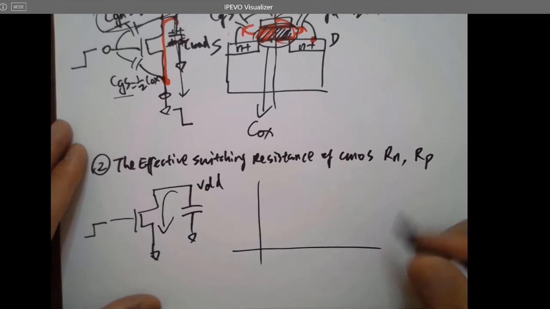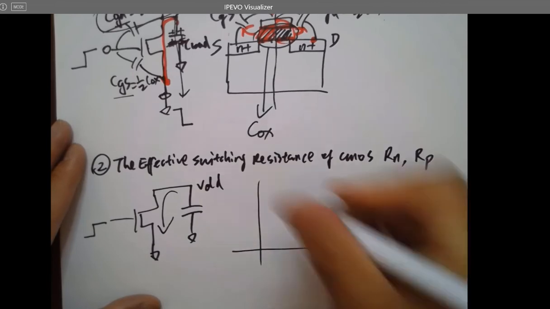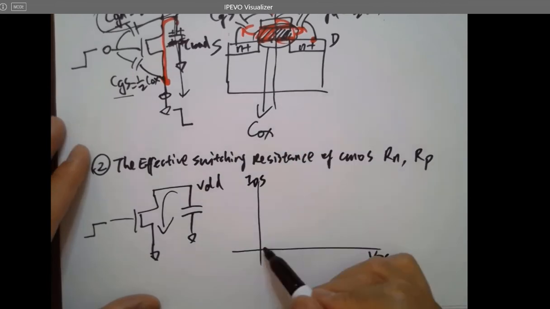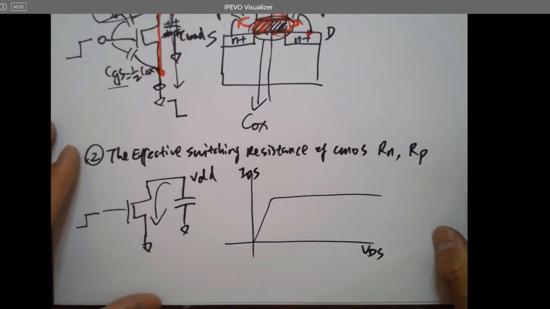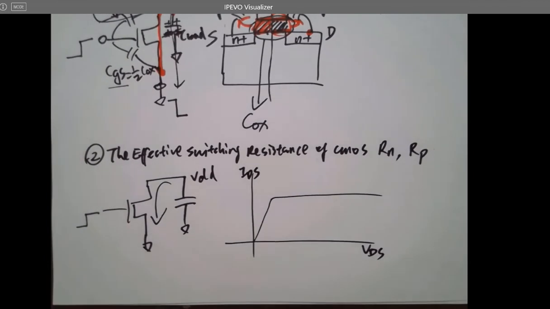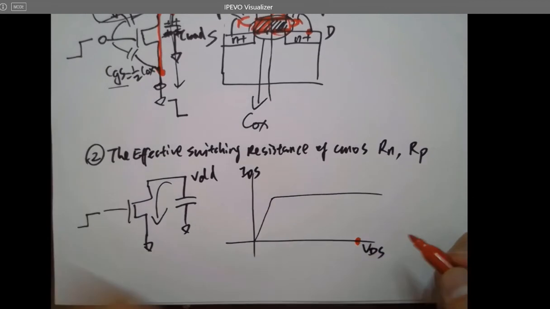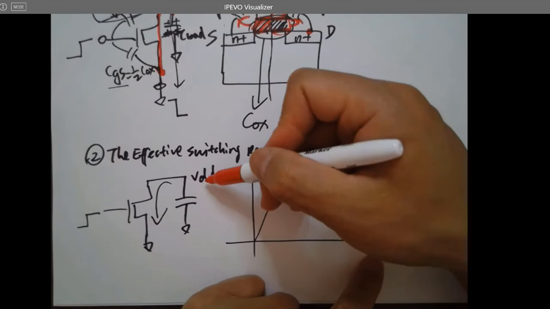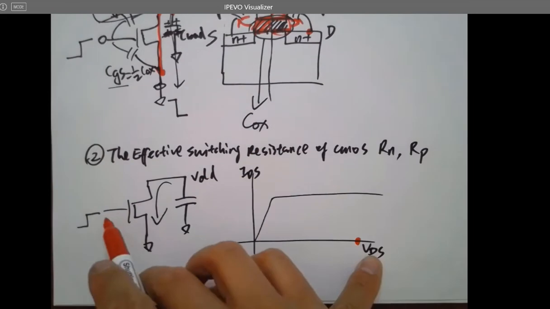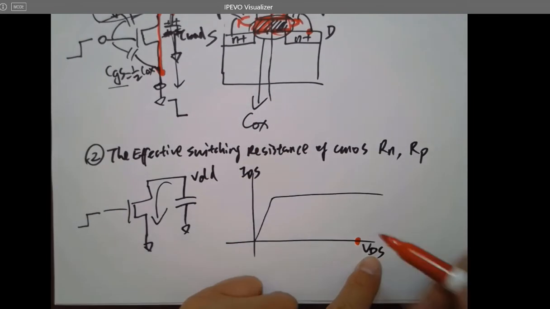And if you look at the IV curve, here's VDS, here's IDS, and here's the IV curve. Originally it is charged, so VDS is biased at VDD. However, because it's not switched on, it's actually off.